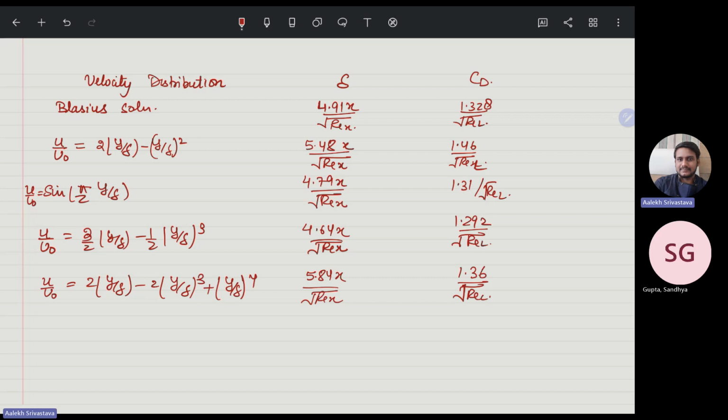Going with the Blasius solution is difficult because it is more of an iterative method, but you can see that all solutions are nearly similar to the Blasius solution. Whether it is a quadratic velocity profile, a sinusoidal, a cubic, or a fourth order velocity profile, you will get similar expressions. So if we know any velocity profile exactly, we can directly get the delta, the CD, and also the momentum thickness and the displacement thickness for that profile.